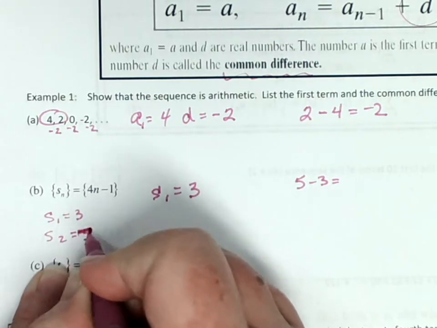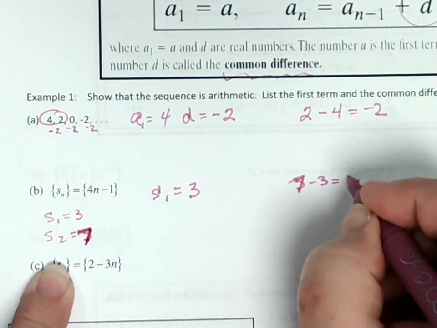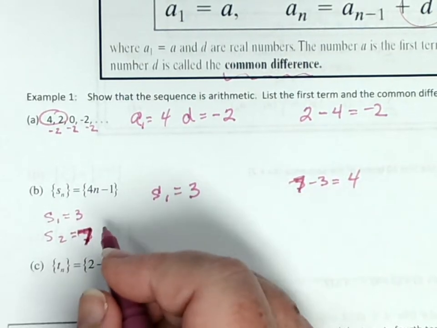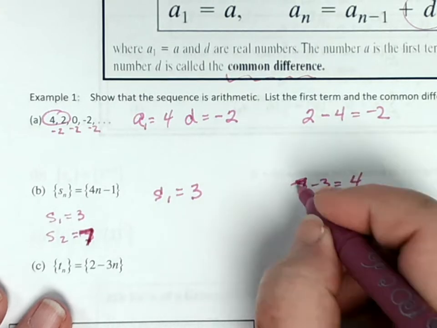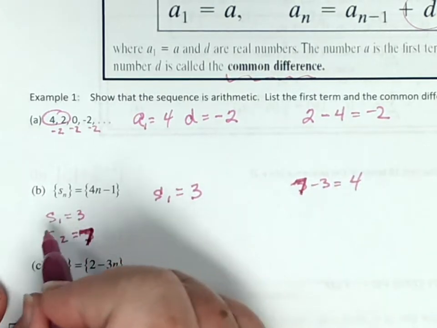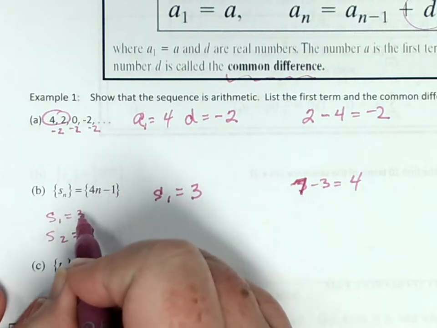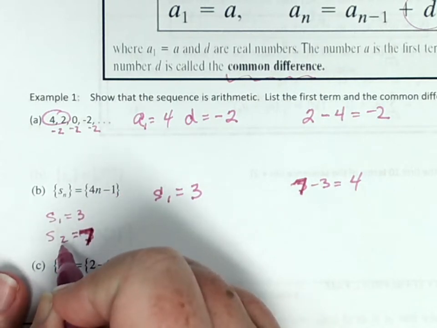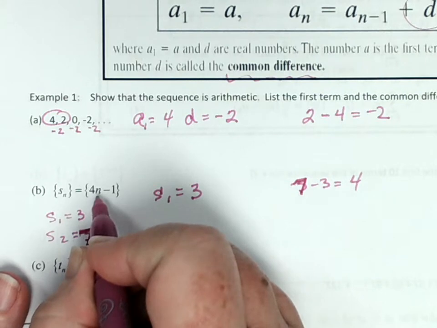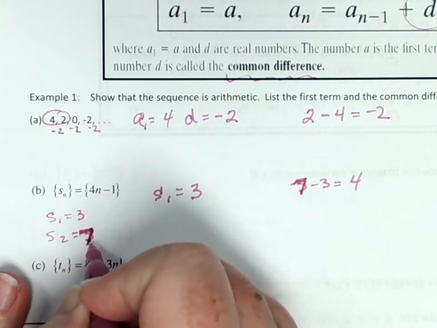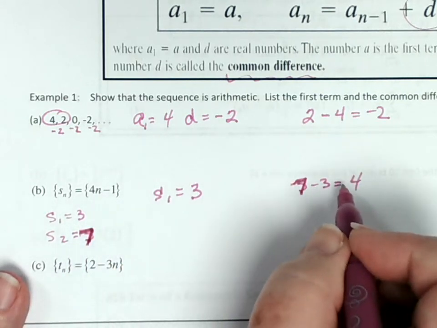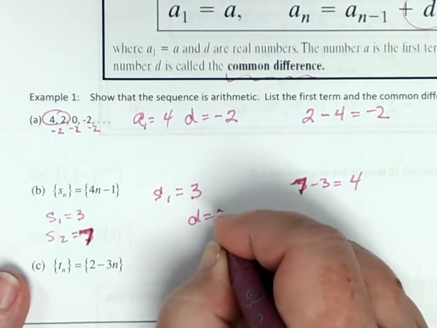Sorry about that. So 7 minus 3 is 4. Let's go back over that again. If I plugged in 1, 4 times 1 is 4, minus 1 is 3. But if I plug in 2, 4 times 2 is 8, minus 1 is 7. And how far apart are those? So my common difference is 4.